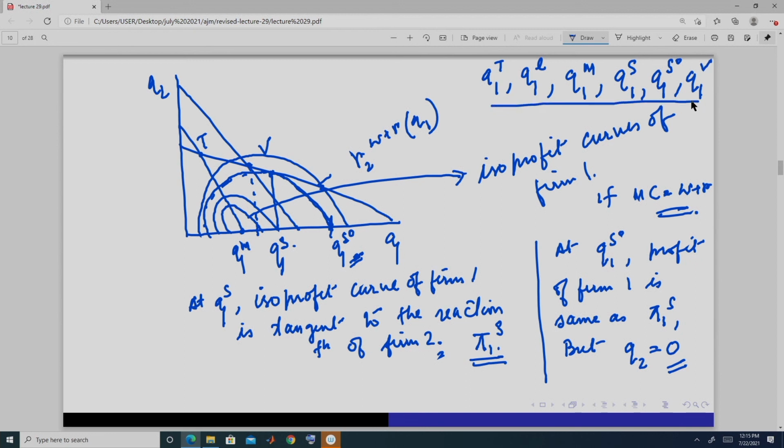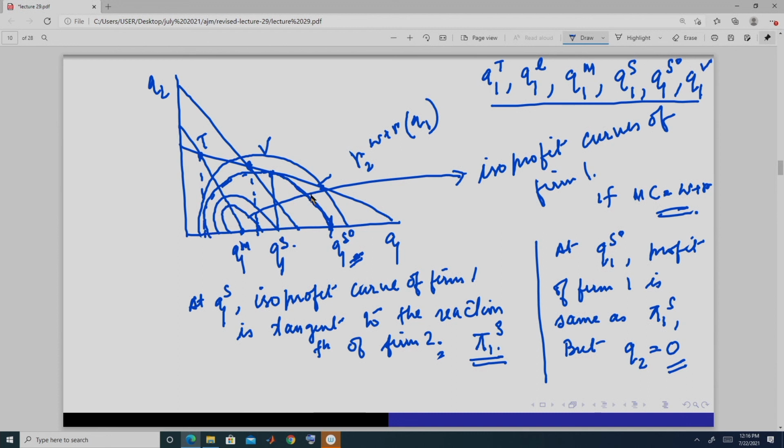And all our further analysis will be based on these outputs. Okay. So, I hope it is now clear, the definition of these outputs of farm 1. So, this point is giving me Q1T, this point is giving me Q1V, this point is giving me Q1M.